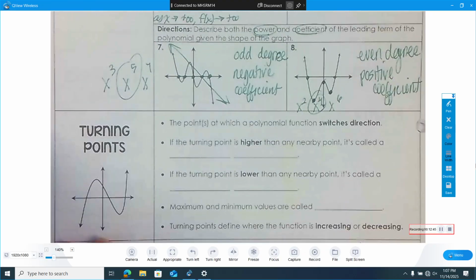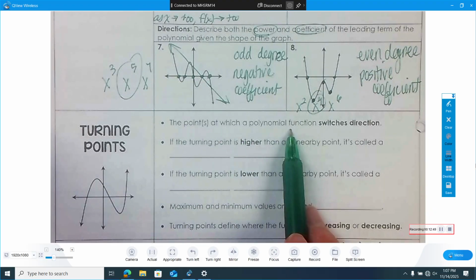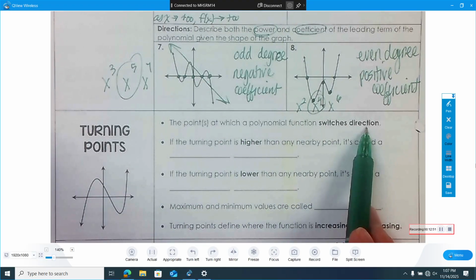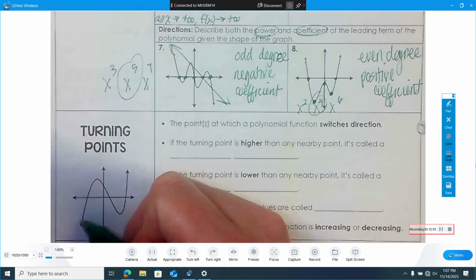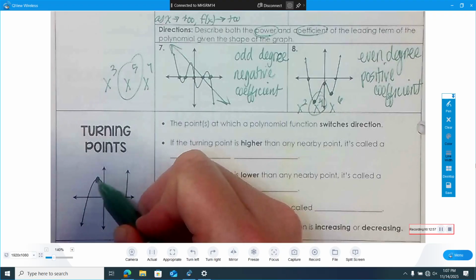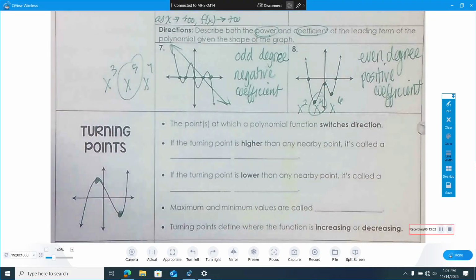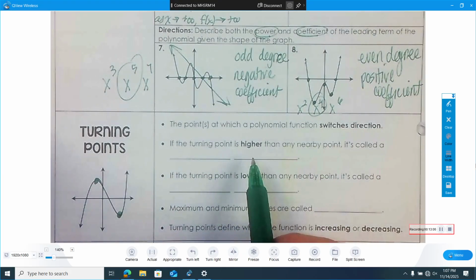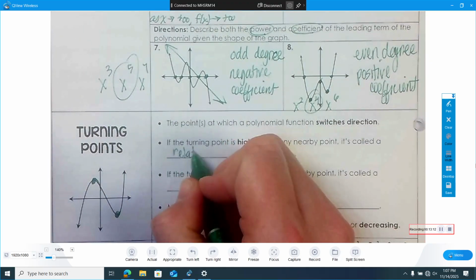So before, here we go. The points at which a polynomial function switches directions are called turning points. So here I'm going uphill, and I have a turning point where I go downhill, and I'm turning again. And so if the turning point is higher than any point nearby, it's called a relative maximum.